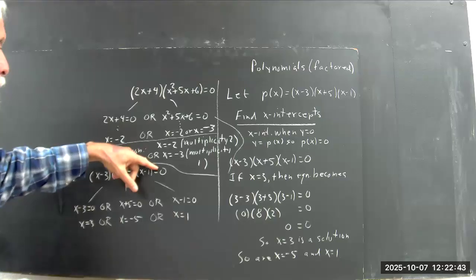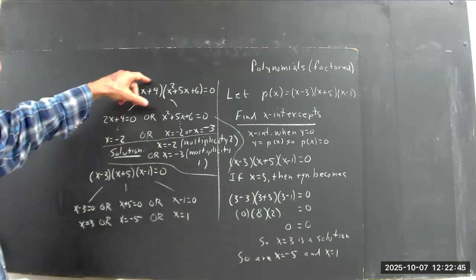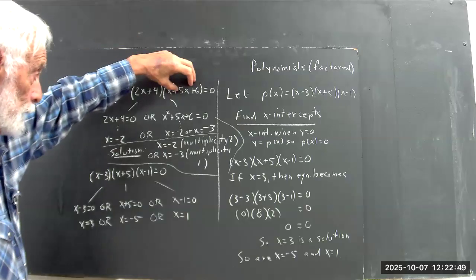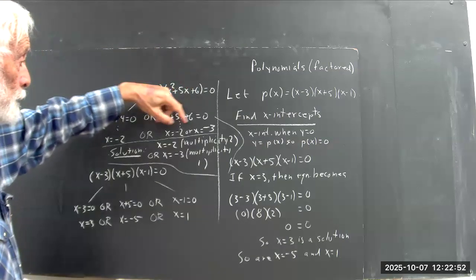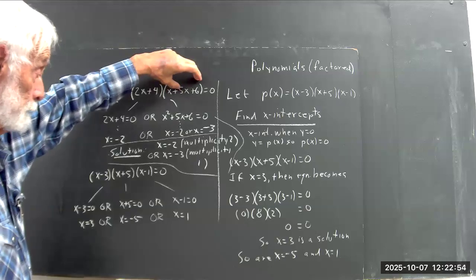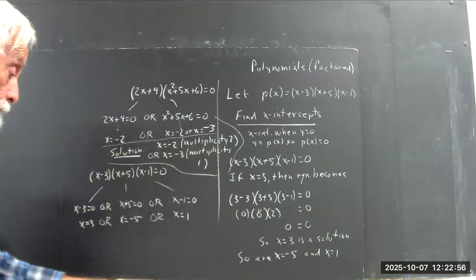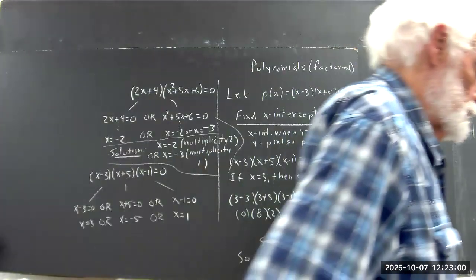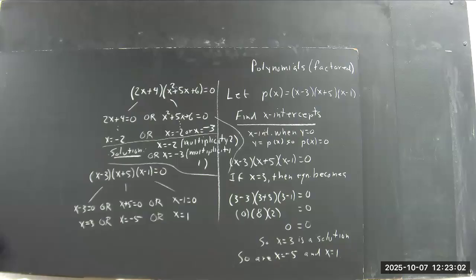So x equals -2 or x equals -3. -2 is multiplicity 2 because it makes this 0 and it makes this 0. X equals -3 because it makes this 0. You want to keep track of that terminology because it's critical for constructing graphs of polynomials the way we're going to do them.